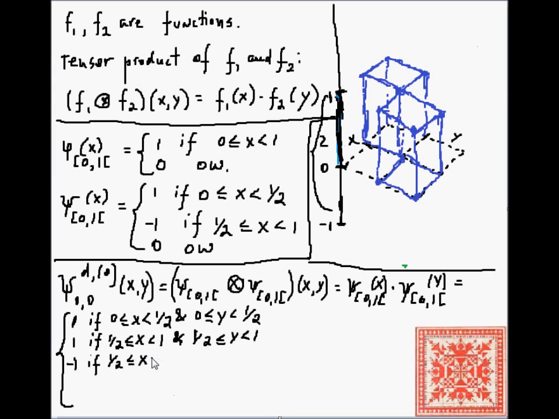Okay, so let's formally define this. And essentially, what does the diagonal wavelet measure? It's the change in data between the two main diagonals.